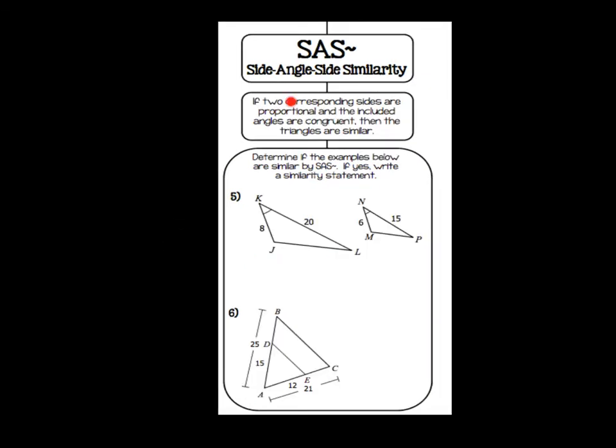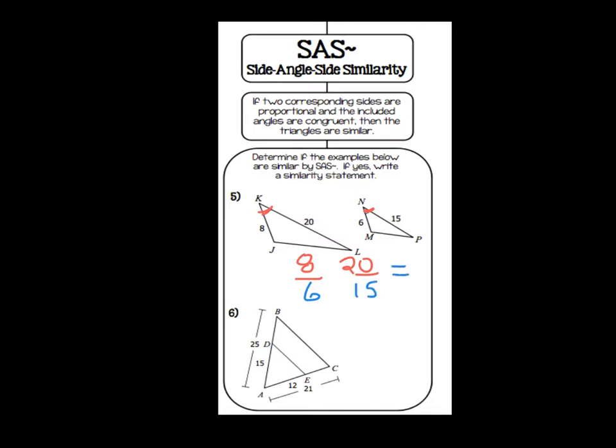This next one is side angle side. So we need the sides to be proportionate, but we need the angle to be congruent. So when I look at this, I have the congruent angle, so I just need to make sure the sides are proportionate. So what I'm going to do is least to greatest. So this is 8 and 20 from the one triangle, and I'm going to put it over least to greatest of the other triangle, which is 6 to 15.